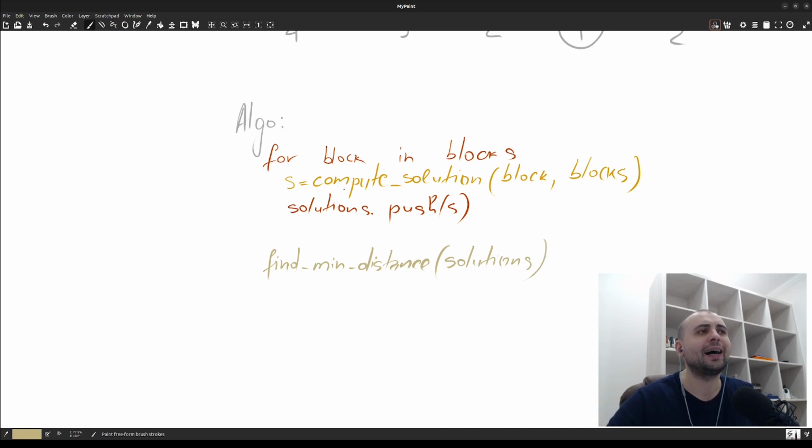So this will be a high-level algorithm, because if you notice, the meat of our solution sits here in this compute solution part. So we'll try to expand on it. But when you are solving a problem, you first need to try to divide it into smaller sub-problems.